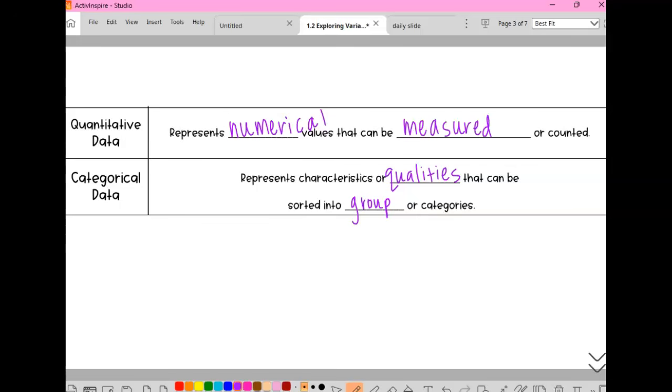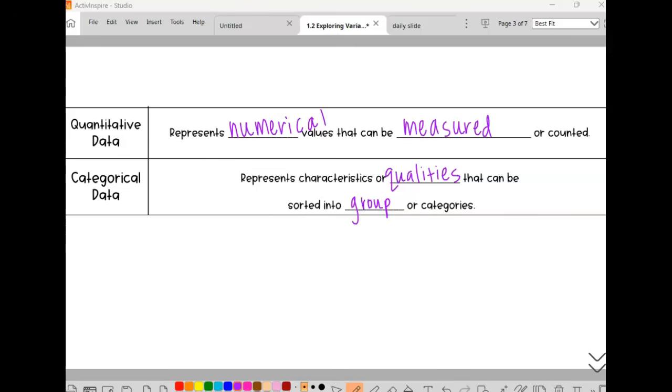So we're going to sort them. Be prepared to get called on. You're telling me if it is quantitative or categorical. Again, quantitative, think of the word quantity, number, and categorical, think of category, which is like a group or a quality.